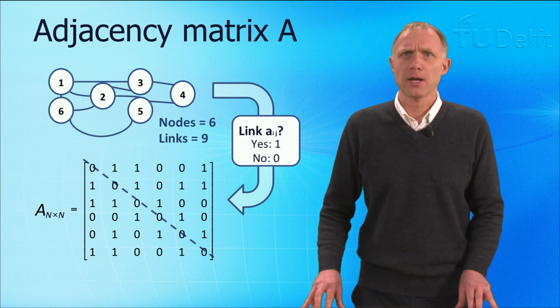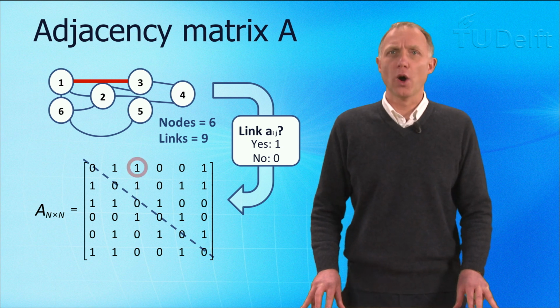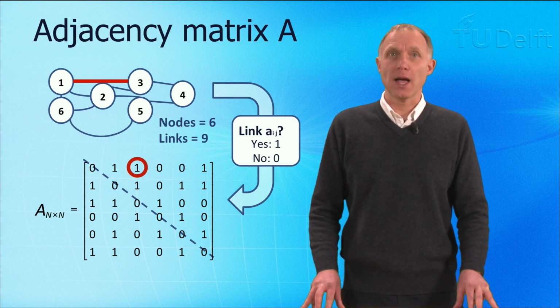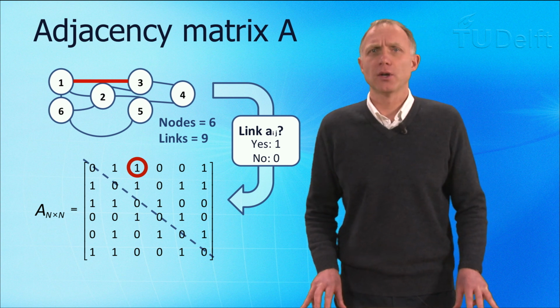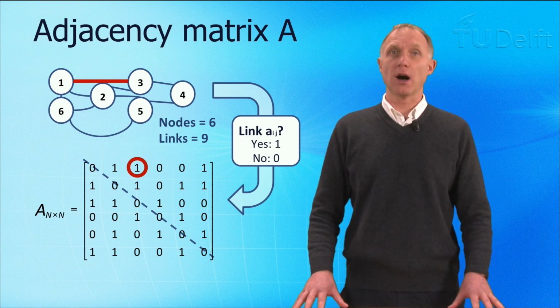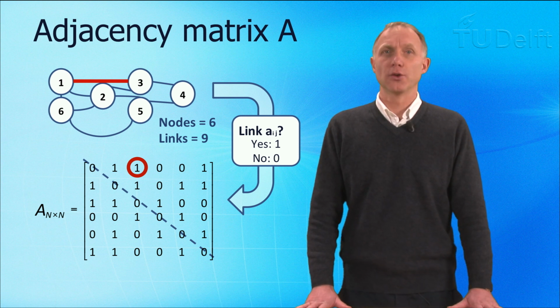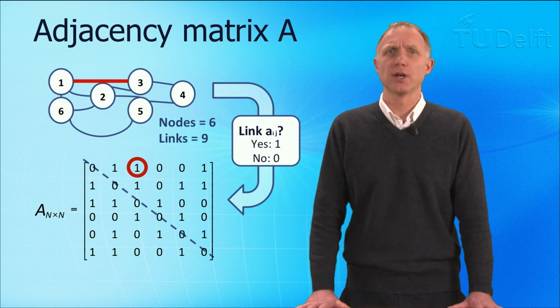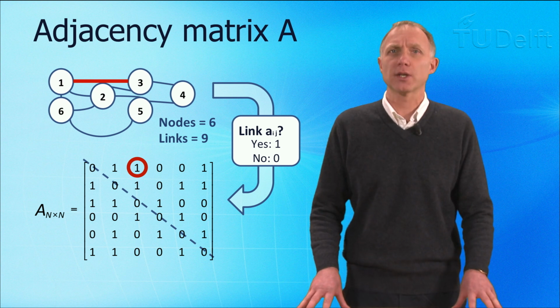For example, the red link between node 1 and 3 corresponds with a 1 in row 1 and column 3 of the adjacency matrix. Please notice that the diagonal elements are 0 because nodes cannot be linked to themselves. In other words, there are no self-loops. For undirected networks, in addition, the adjacency matrix is symmetric.